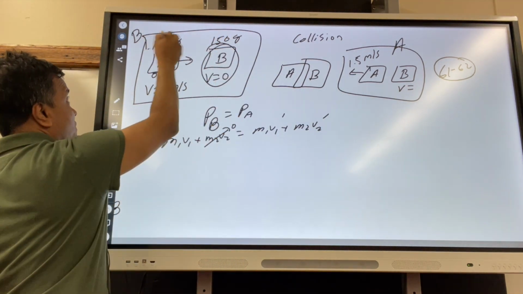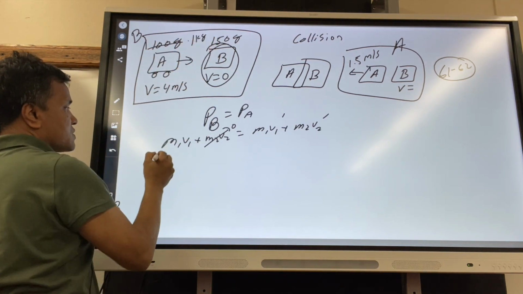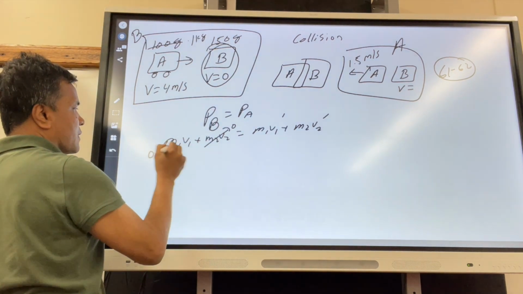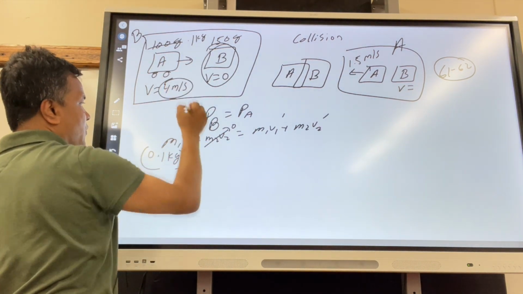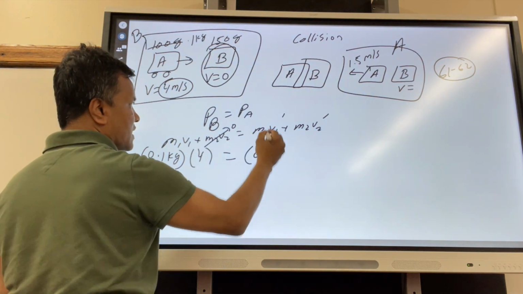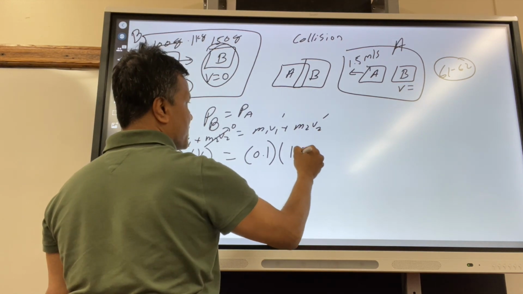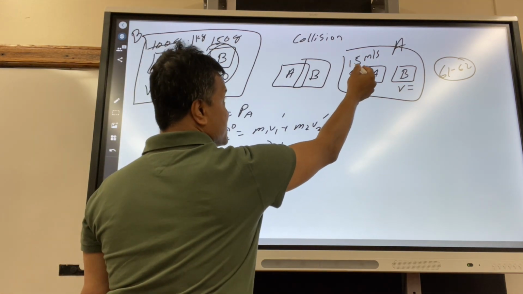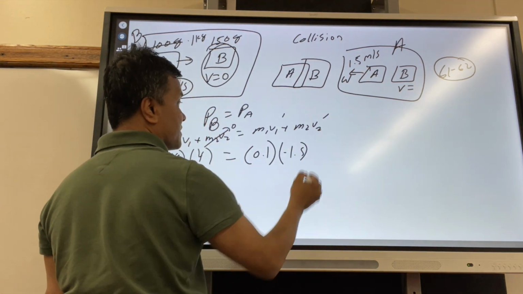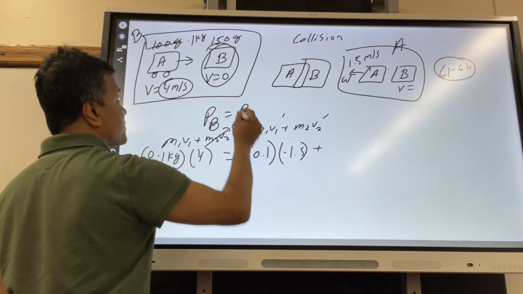So m1, people usually make mistake. This is not SI unit, so make it SI unit. So 0.1 kilogram, and v1 is 4 is equal to m1 is 0.1, and v1, of course, now v1 is 1.5, but people usually make mistake. They don't see this move to the west, so put negative, and plus m2, people always make mistake.